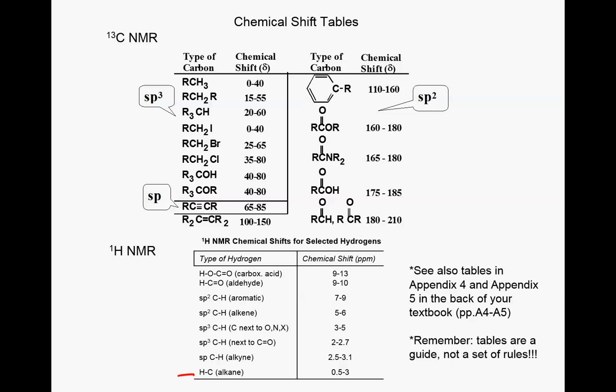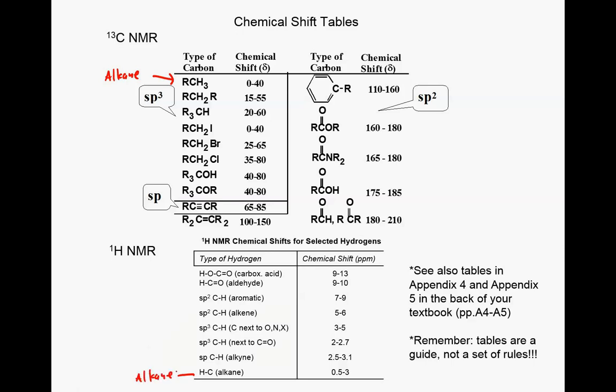I think I gave you like 0.8 to 1.7 in the notes. The point is it's a range, and all the protons in that range we expect to be a certain kind of proton. Alternatively, when we look up here at the same alkane in a carbon NMR, that shift is about 0 to 40.